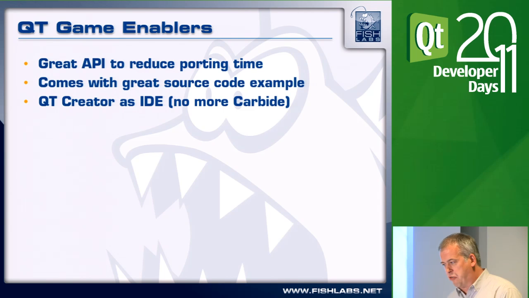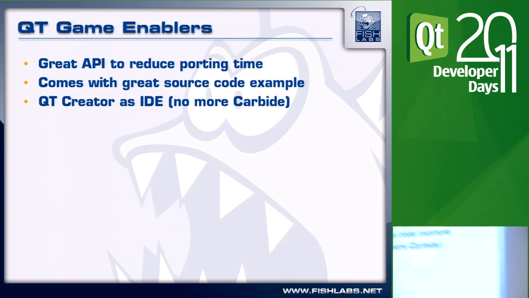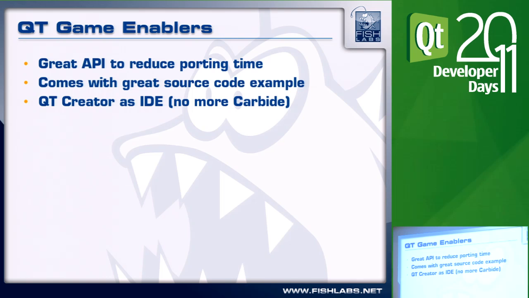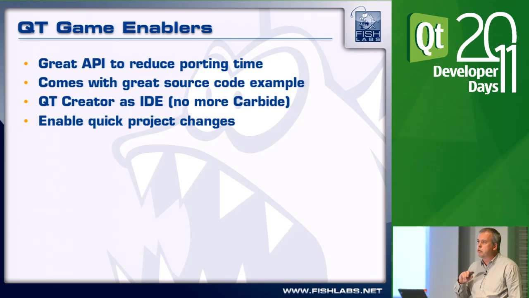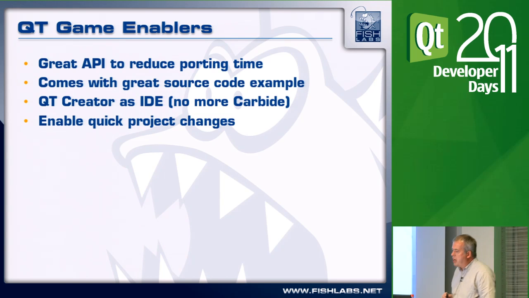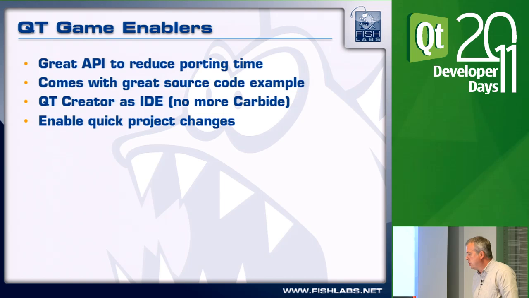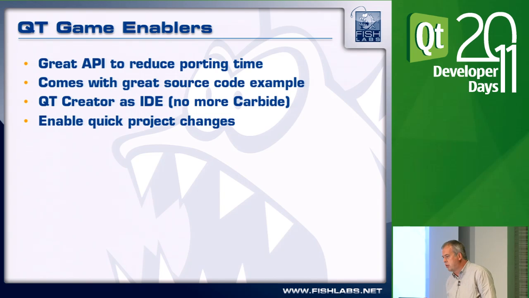And now with Qt Creator, we have a lot more pleasure to work on it. And of course, when you talk about Carbide, in the past, when you had to make some changes to your project, you had to make a lot of changes in a lot of files. Now it's just a quick change in the project file, and then you are ready to go.